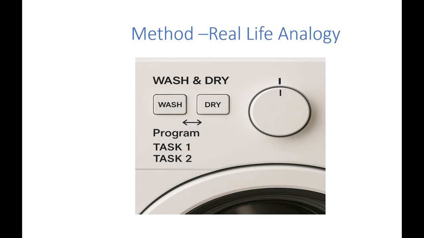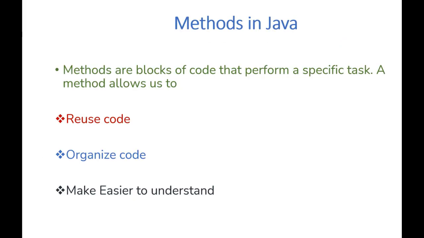Instead, I give a particular block inside which I write that code. I can organize the code properly and make it much easier for a user to understand. So methods are blocks of code that perform a specific task, and they allow us to reuse, organize and make code easier to understand.